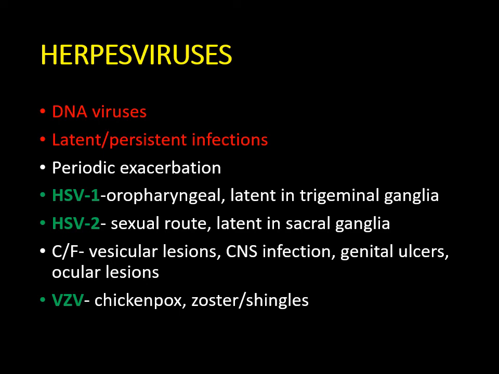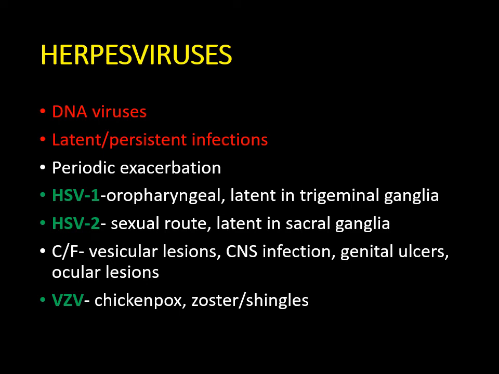Then another important member of this herpes family is varicella. There is a whole classification, like alpha, beta, gamma. That whole classification should be remembered. That will come when we talk about the herpes virus in the main lecture. Families are being asked, and the whole classification of the herpes family is being asked.